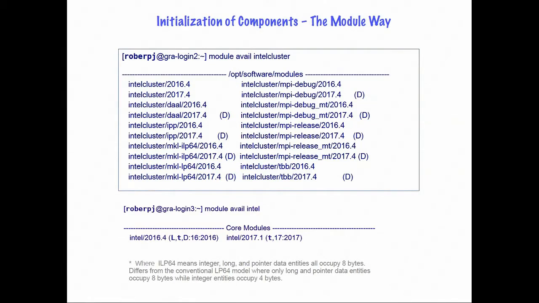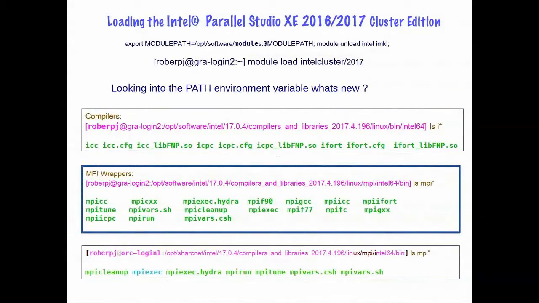So you have a choice there with these modules which one you want to use. Just be aware that LP64 is really the default that would occur in the Intel Cluster 2016 and 2017 modules, as well as the default environment core modules. And as I mentioned, we're currently testing the Intel Cluster Edition, so it's not visible.